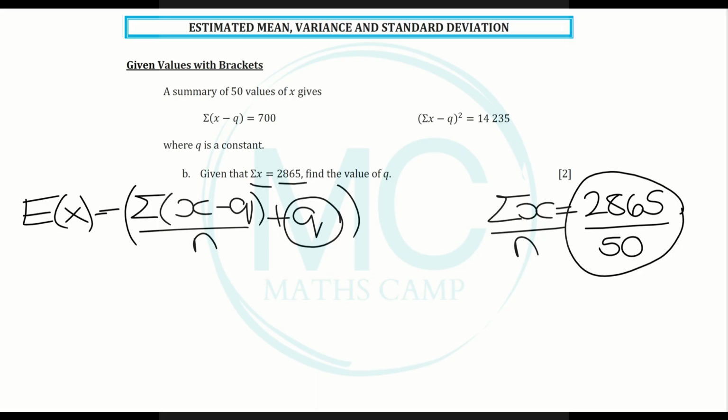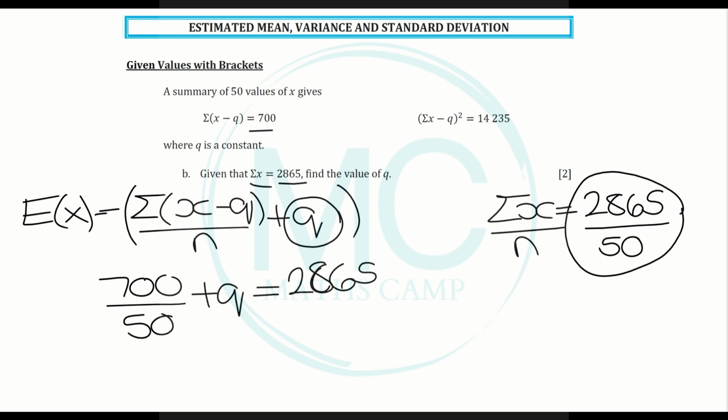So we know the value of the bracket, 700 over n, which is 50, plus q, is going to give us a value of 2,865 over 50. And now we can solve for q. To make it easier, make q the subject.